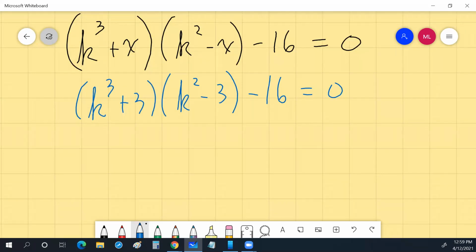So I'm going to put that on the graphing calculator and I'm going to find the 0. So I put in the function and I graph it. And I use the graphing calculator function blue calculate 0.